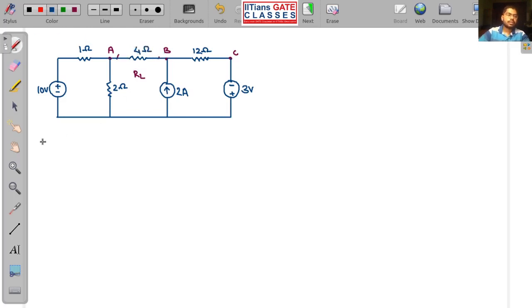So first, what I will be doing? Calculation for VTH. First I will be calculating VTH. If I want to calculate VTH, how will it look like? I need to open circuit the load for calculation of VTH.